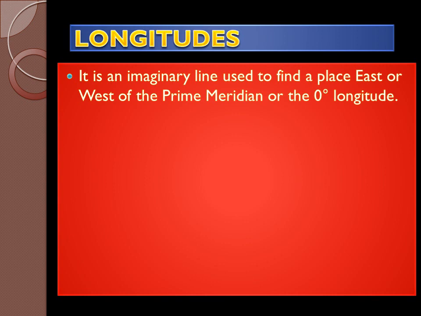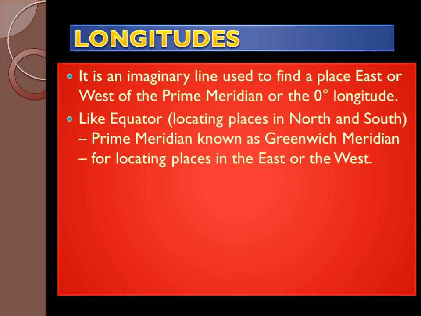So prime meridian is the 0° longitude, like equator is the 0° latitude. Now the equator helps us to locate the place in north and south, and prime meridian, which is a 0° longitude, helps us to locate the place in east or west. This prime meridian is also known as Greenwich meridian.